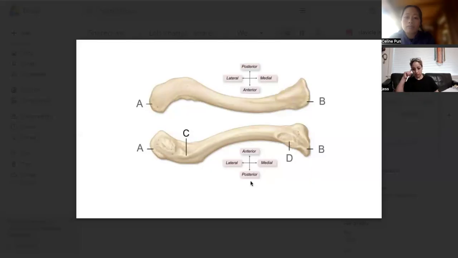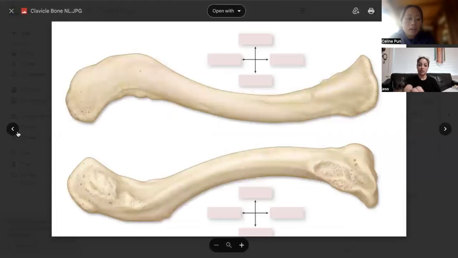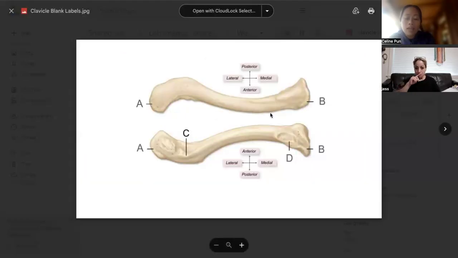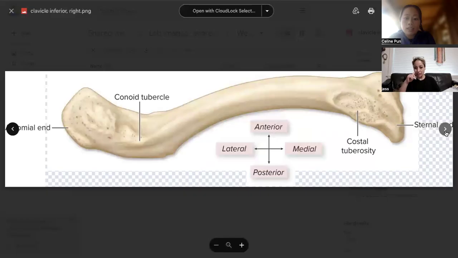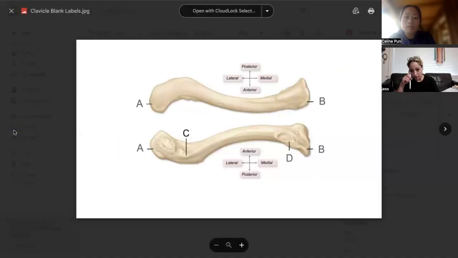Everything is posterior on this picture, the one that's labeled with letters.